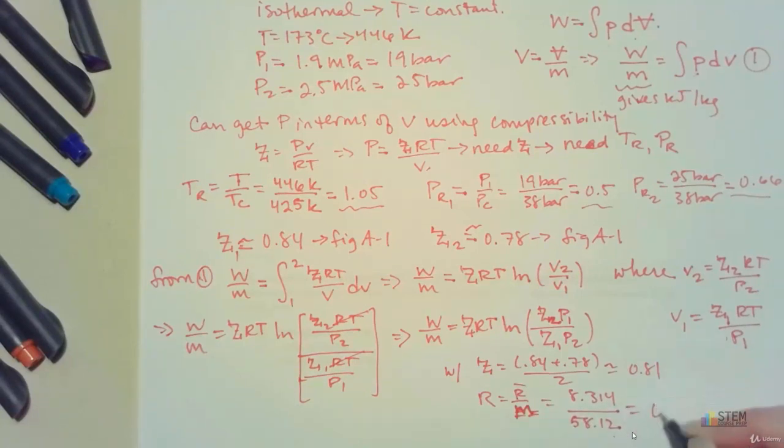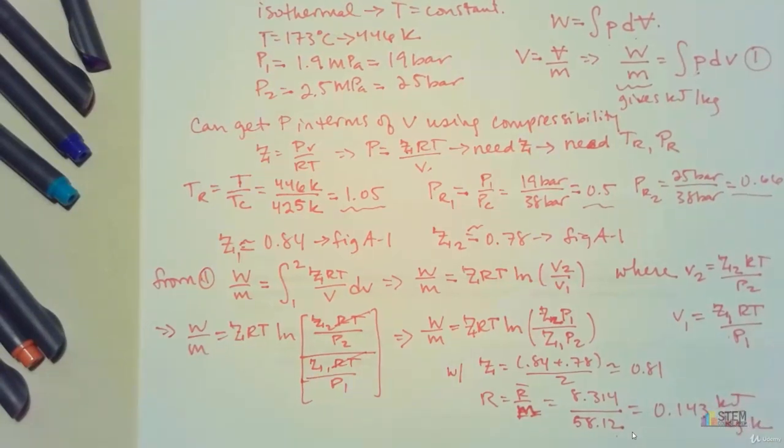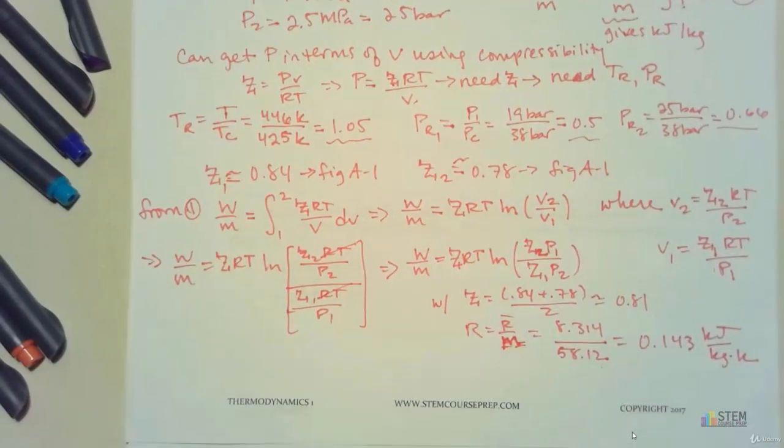So divide that, you get 0.143 kilojoules per kilogram Kelvin. So we're almost done, which is good because I'm running out of room here. Now we've got everything to plug into our equation.